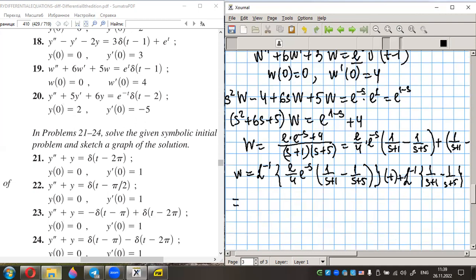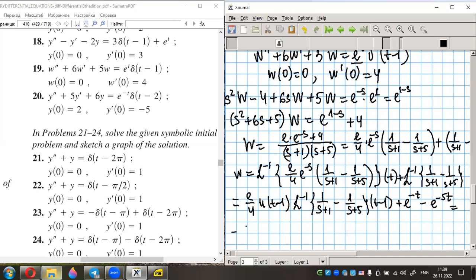And this equals e over 4 u(t minus 1) times the inverse Laplace transform of 1 over s plus 1 minus 1 over s plus 5 at t minus 1, plus e to the minus t minus e to the minus 5t.